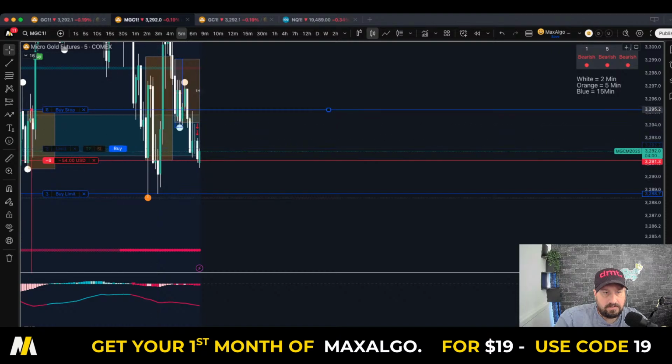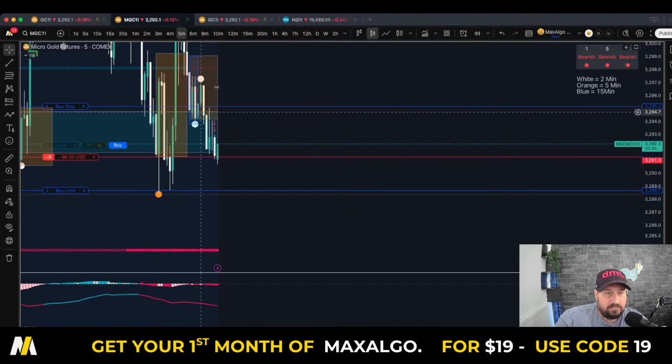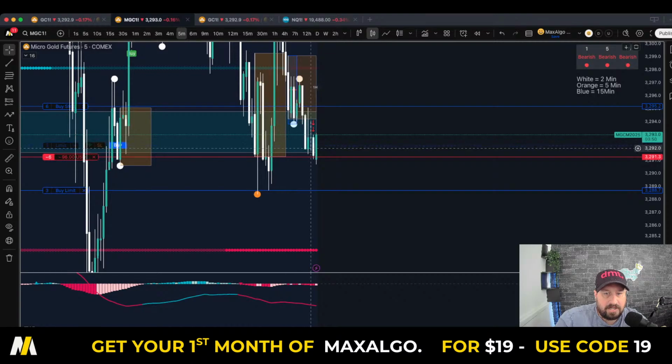Actually do like that. So bearish fair value gap here, right, which we've tapped out of. Oh, well. We had a bullish one here, which we came under.